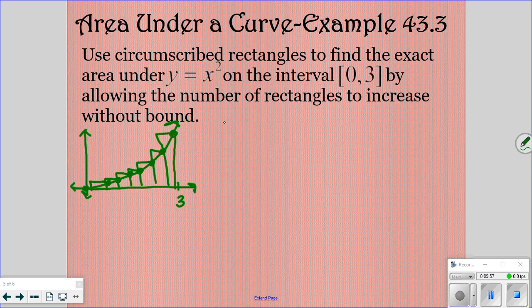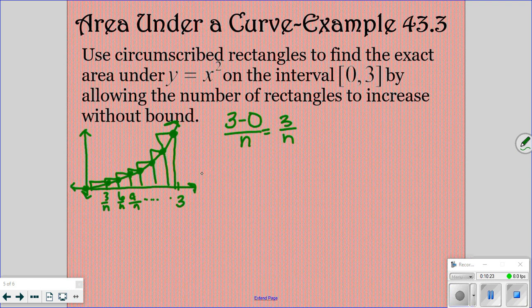So the width of each rectangle is going to be b minus a over n, which is 3 over n. So this width would be 3 over n, and then we went over 2 of those, so 6 over n, and then another 3 of them, etc. And then the last one is going to be all the way to 3. We are going to use 3 on this one.